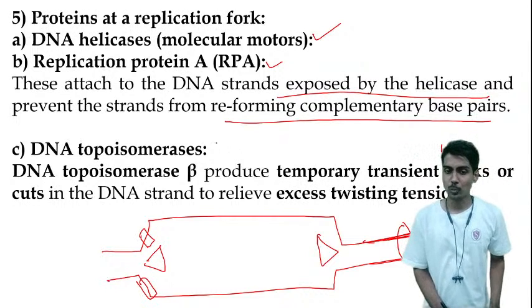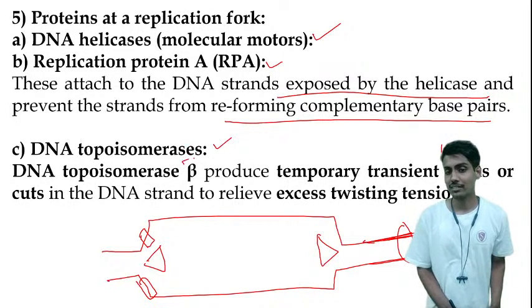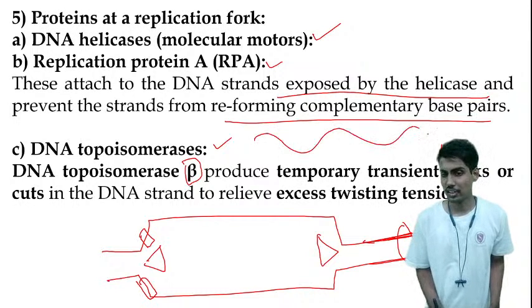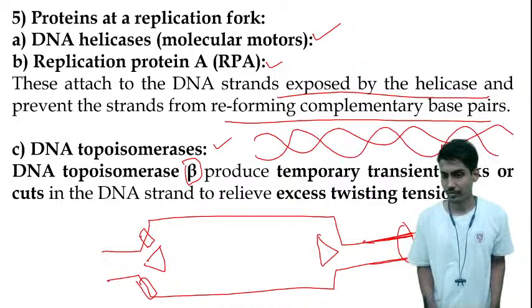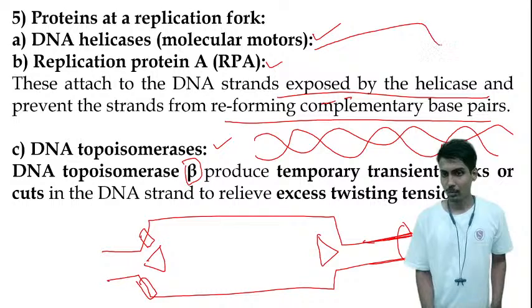Then the DNA topoisomerase is the same as we have seen in prokaryotes, just named DNA topoisomerase beta. What will it do? It cuts this. Suppose this is the initial structure of DNA. After opening, a part of the DNA will get opened like this, but the remaining part will get super coiled like this.